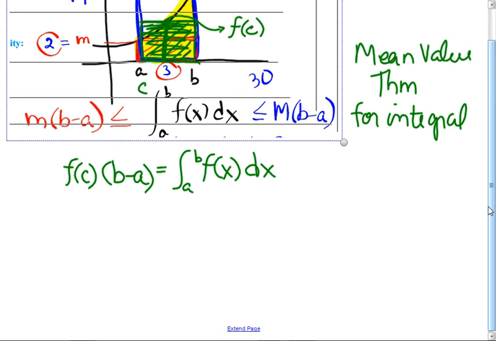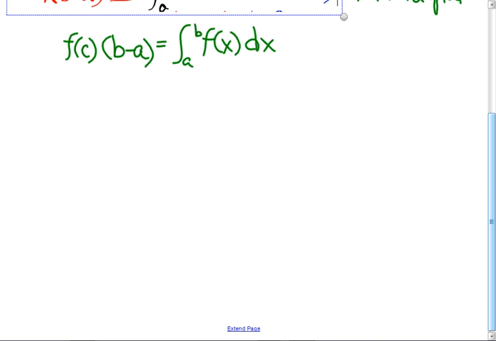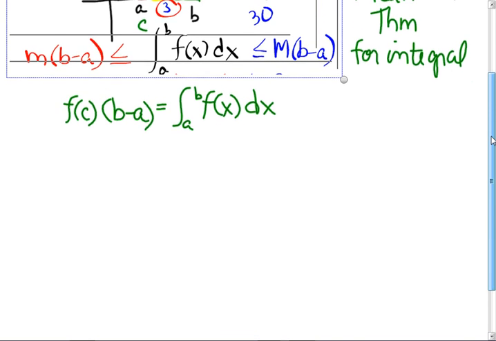That there has to be one rectangle, the base of the rectangle is b minus a, the height will be the value of the function at some x-coordinate in that interval, and there's got to be one rectangle where the area of that rectangle is exactly equal to the area under the curve from a to b. You don't have to know that, but I think it helps in terms of remembering.